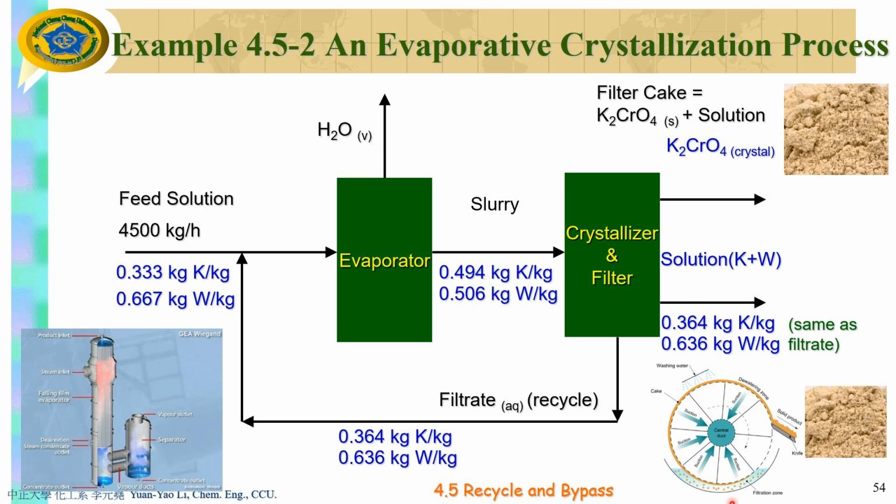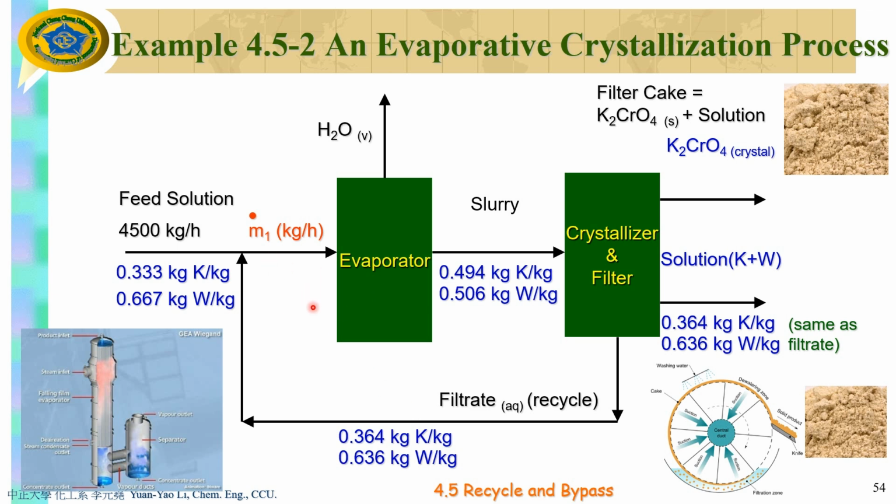Okay, so now let's start to write unknowns to each stream. The first one is here. You have a joint point from the fresh solution and also from the filtrate. So you have M1 here, which is the total amount of this and this.